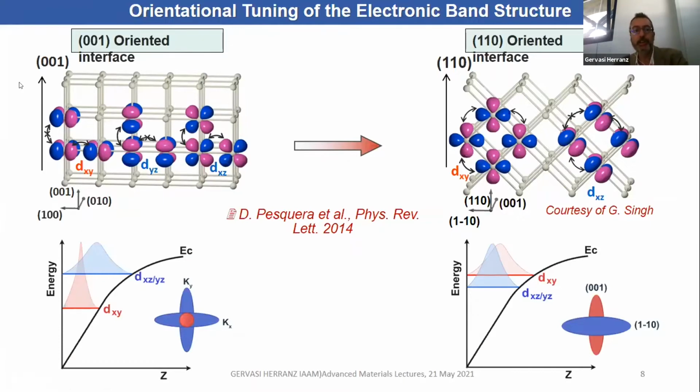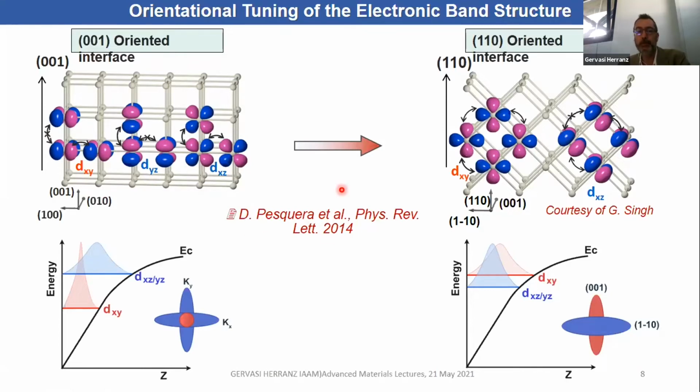And basically the reason is that when you change the crystal orientation, the relation of the symmetries of the orbitals of the electronic levels with respect to the lattice is changed. For instance, here you see schematically dxy, dyz, and dxz orbitals, and you see how the symmetry of these orbitals is related to the symmetry of the lattice that is changed when you go from 001 to 110 orientations.